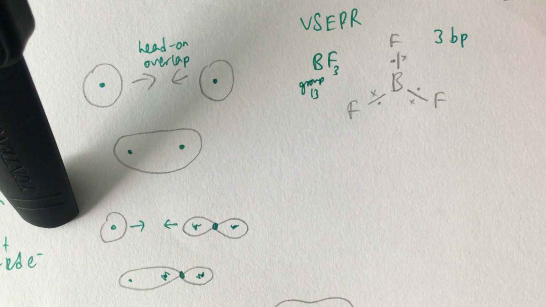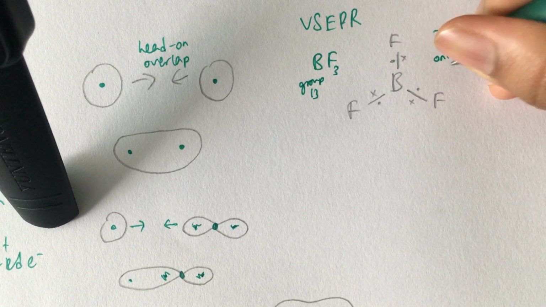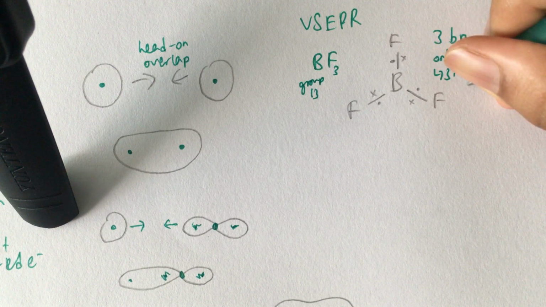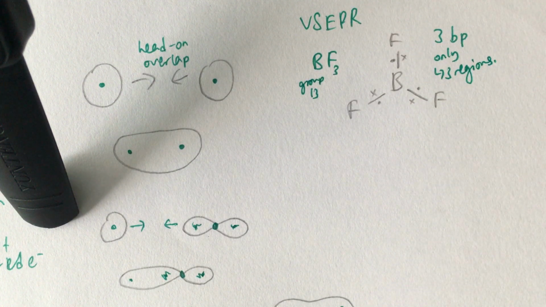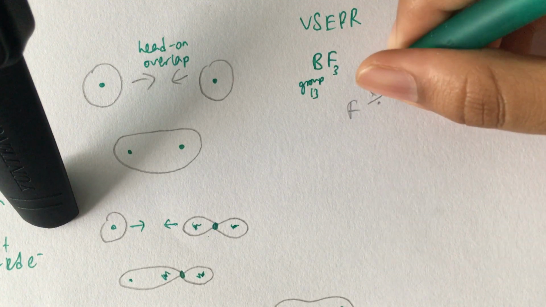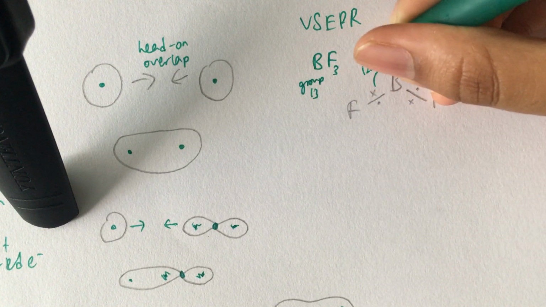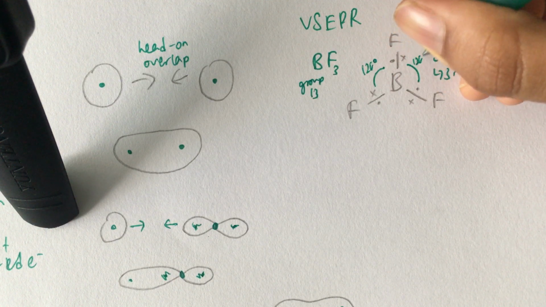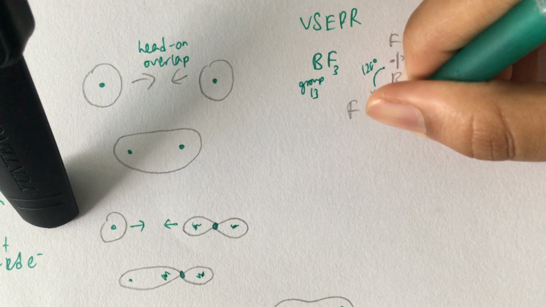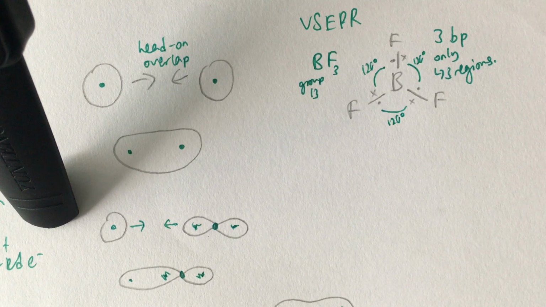Boron has 3 electrons, and only 3 fluorines can attach to it, just like how aluminium can only have 3 chlorines attaching to it. So it still lacks electrons after the 3 fluorines attach, and overall it only has 3 bond pairs.